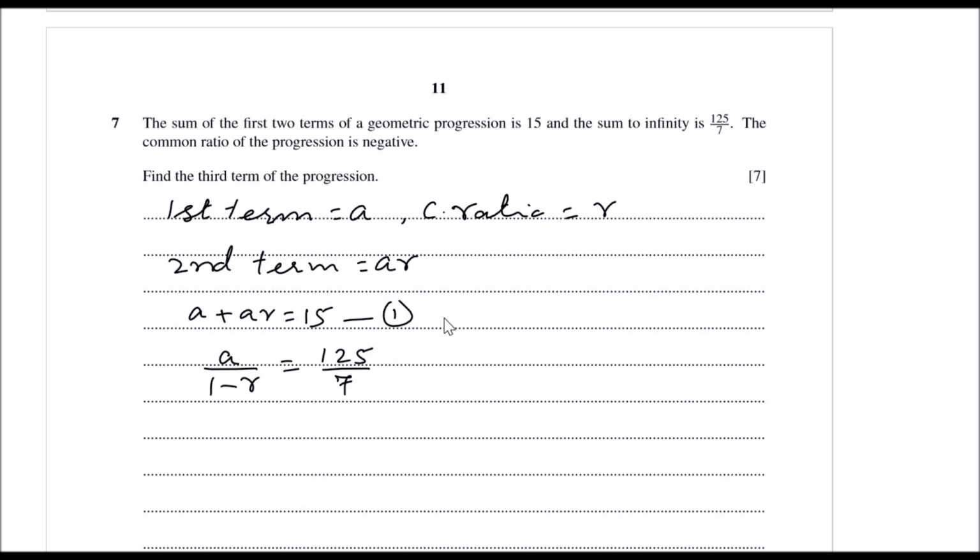Now from 1 we can write A times 1 plus R equal to 15, and we can solve for A: A equals 15 by 1 plus R, right?